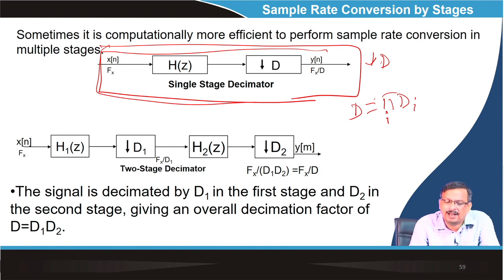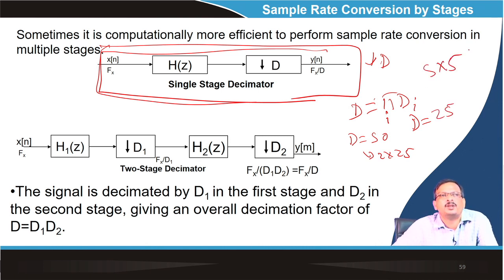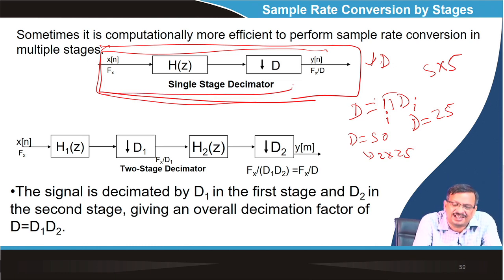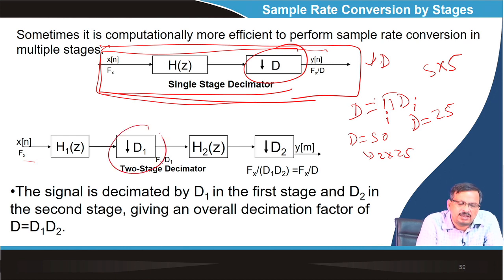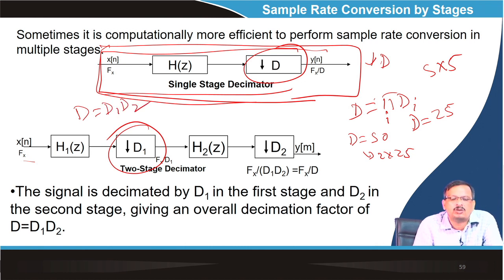So, for example, let us say D equal to 50, it is a product of 2 into 25, or let us say D equal to 100, or D equal to 25, a product of 5 into 5. So, instead of single stage decimation, the signal is first decimated by D1, where D is equal to D1 into D2. Let us say D1 is equal to 25, D2 is equal to 2.